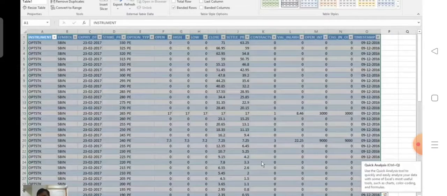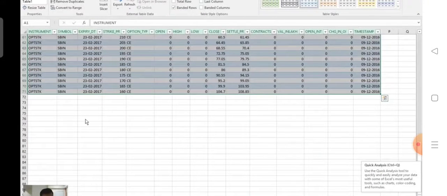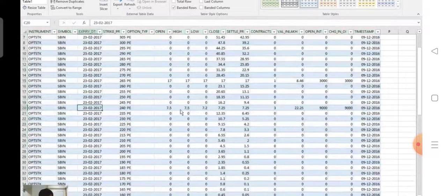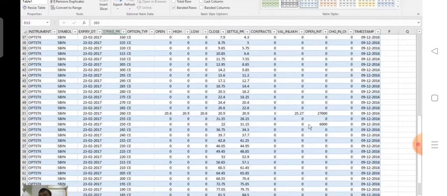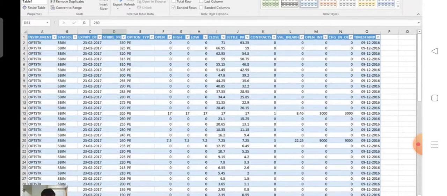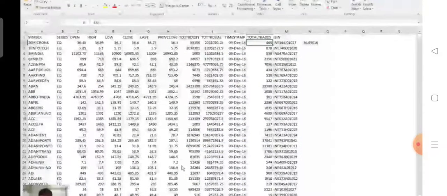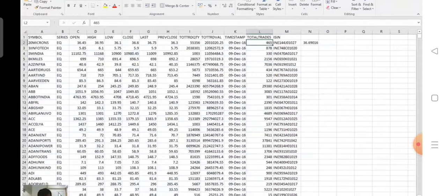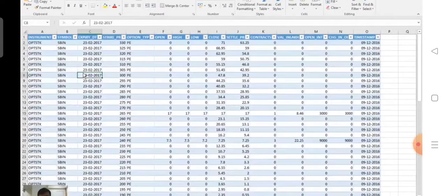If you double click here, you automatically get the whole option chain of State Bank, and you can see which expiry, which strike price has witnessed quite a lot of volume. So 240 put option and 265 put option has seen a lot of volume, and 260 call option has seen a lot of volume.